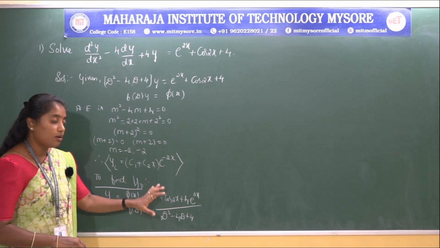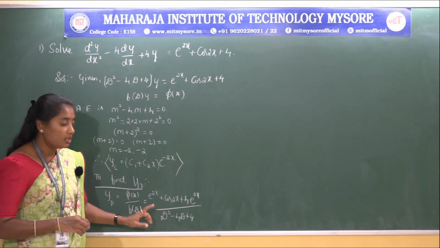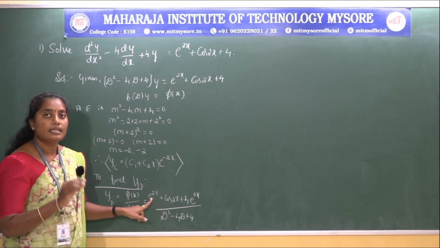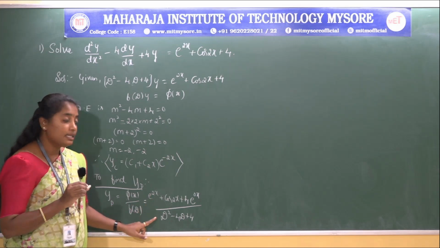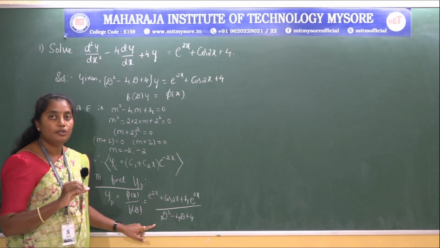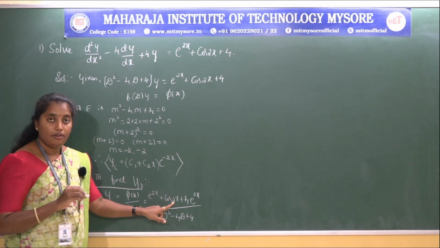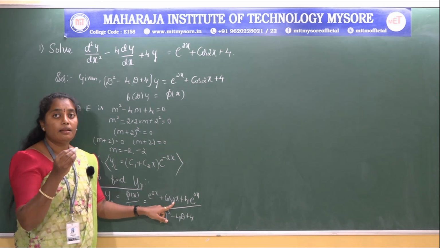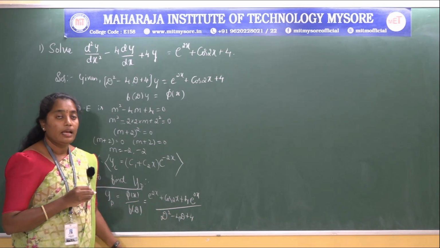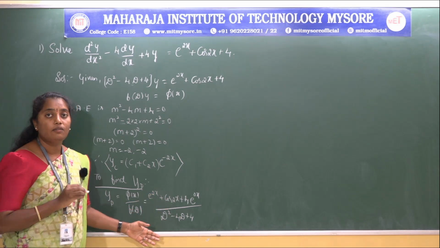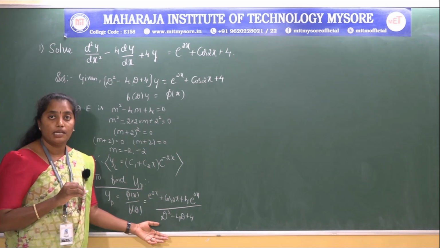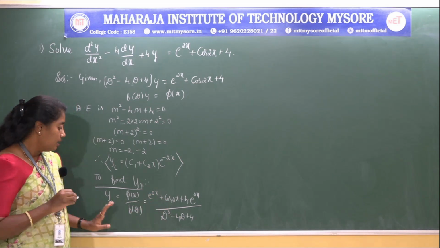Then solving this by applying the suitable procedure, for e power of 2x, that is type 1, we have to replace d in the denominator by 2. For a trigonometric function, we have to replace d square by minus 2 square, and we have to solve this till we get a non-zero denominator. So let us solve this.